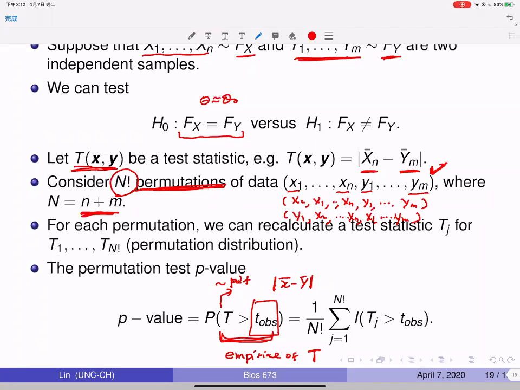As long as I can simulate my empirical distribution of T's, then I can claim that my p-value, defined as the probability of T bigger than what I observe, is the same thing as the p-value definition.